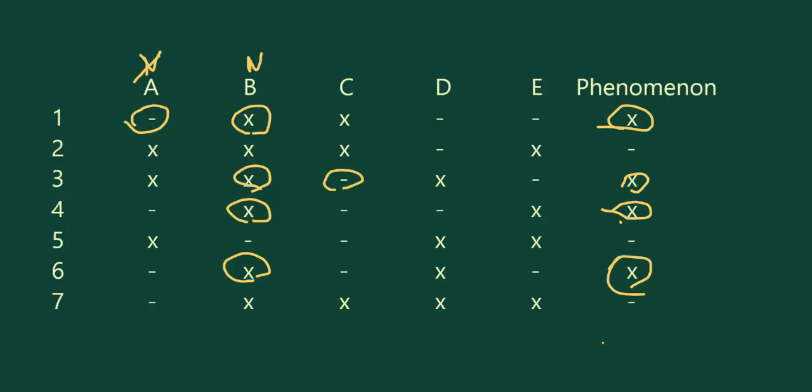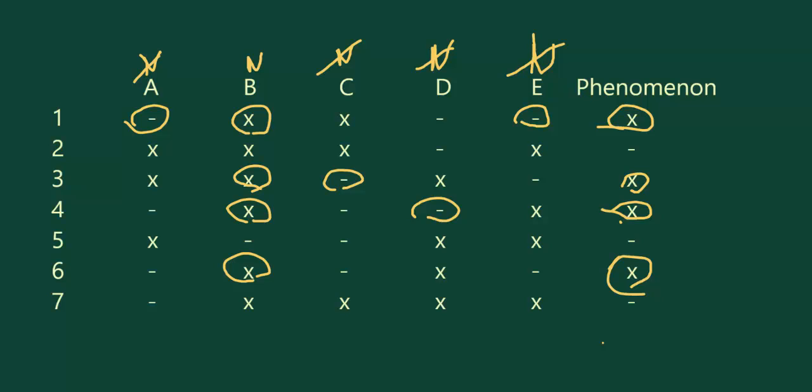But we do get to rule C out. And we do get to rule D out, and we do get to rule E out. Of course, all you need is one case in which the condition doesn't occur, but the phenomenon does, to show that it's not a requirement.